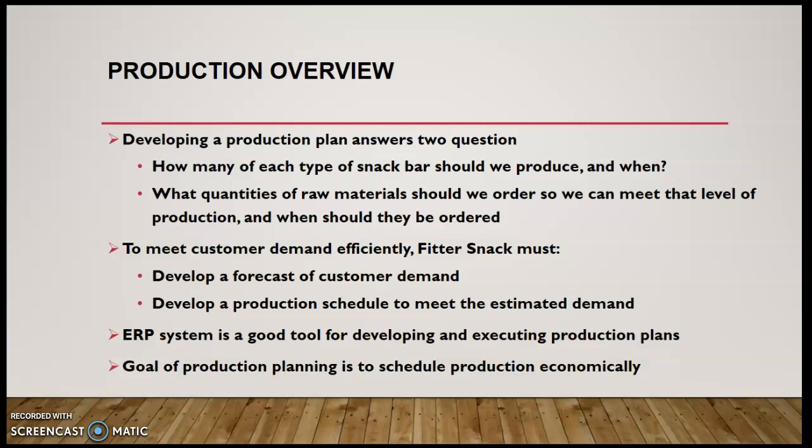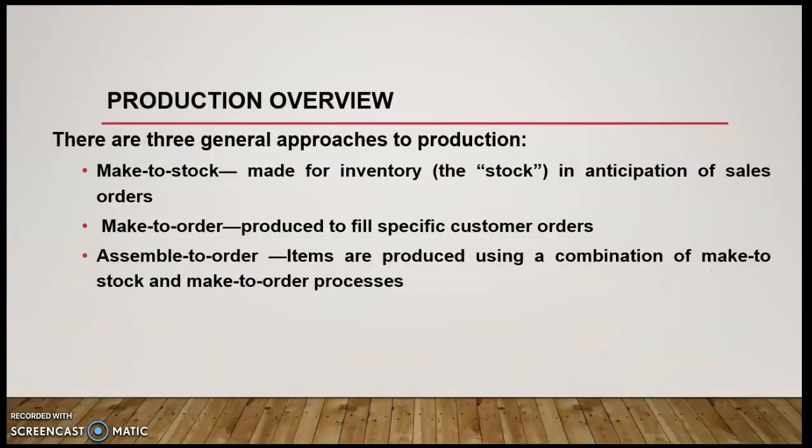There are three general approaches to production: make to stock, make to order, and assemble to order. Make to stock means made for inventory, in anticipation of sales orders. In a make-to-stock environment, finished goods are built in advance and stored.